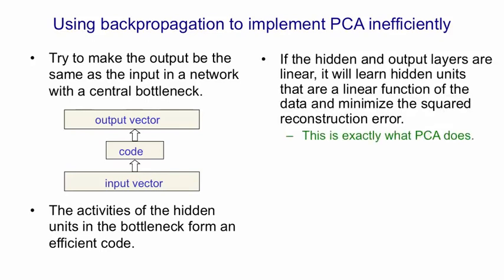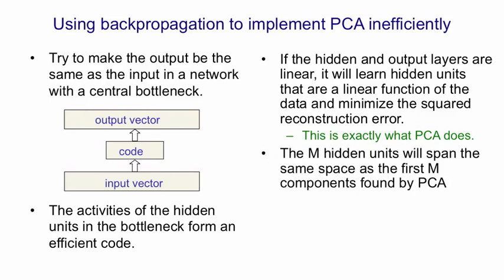If the hidden units and the output units are linear, then an autoencoder like this will learn codes that minimize the squared reconstruction error, and that's exactly what principal components analysis does. It will get exactly the same reconstruction error as principal components analysis does, but it won't necessarily have hidden units that correspond exactly to the principal components. They will span the same space as the first m principal components, but they may be a rotation and skewing of those axes.